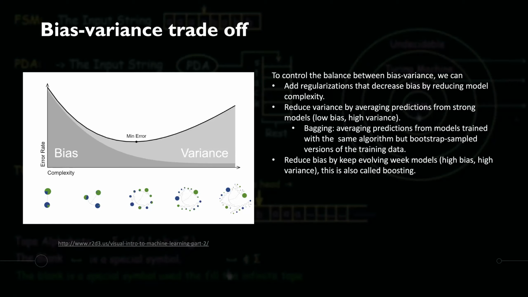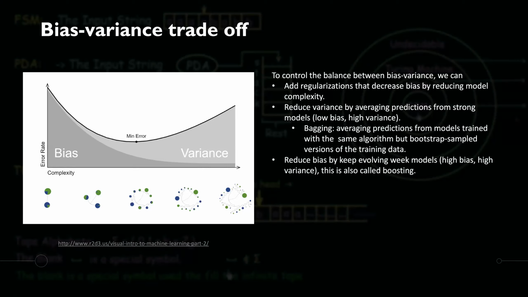This is a very common way to control the bias-variance trade-off. Another two ways, from the model ensemble perspective, are called bagging and boosting. So let's start from averaging. Instead of talking about bagging, let's first start off with averaging.